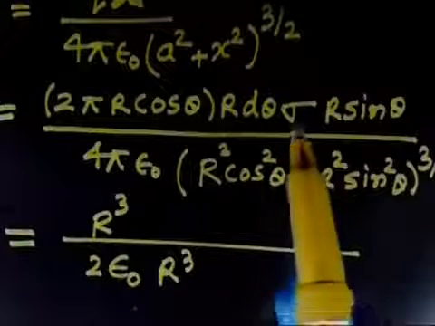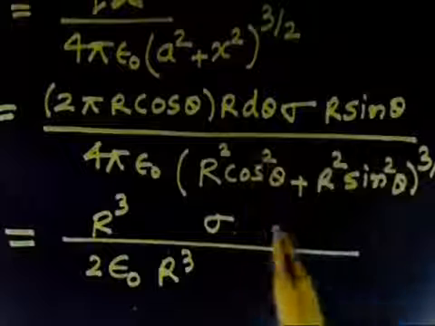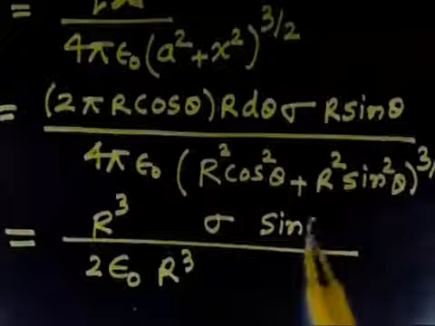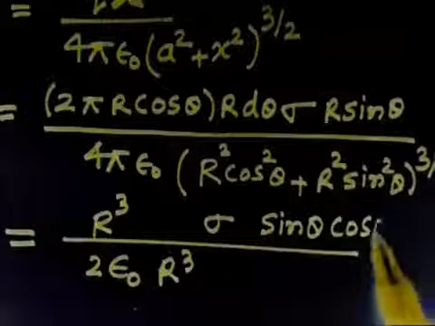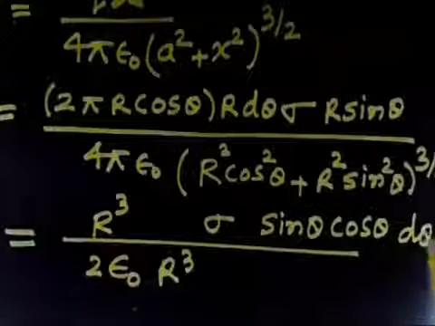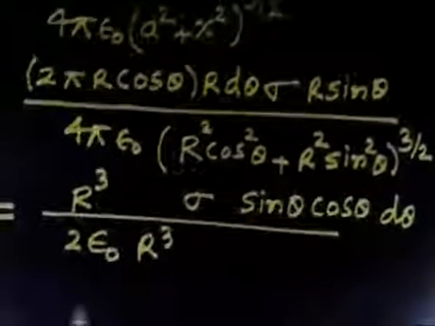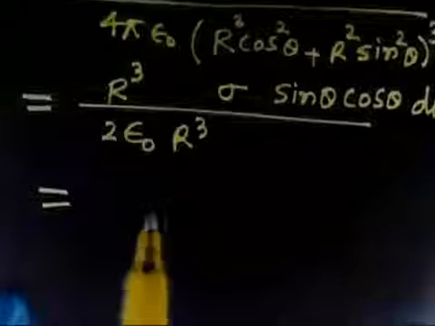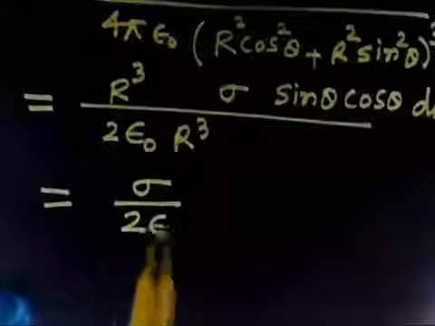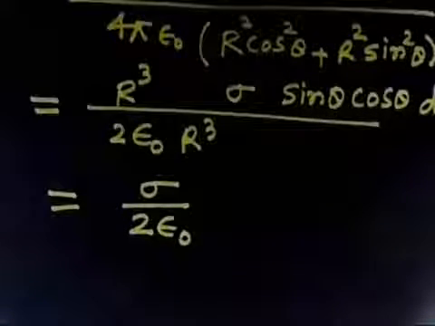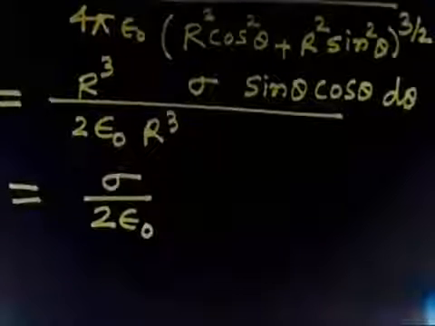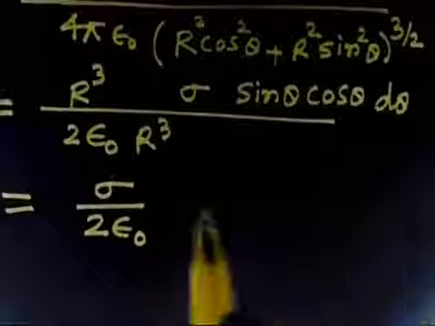And I will have sigma into sin theta cos theta d theta. So this equals sigma by 2 epsilon naught, the r cube cancels out, sin theta cos theta d theta.